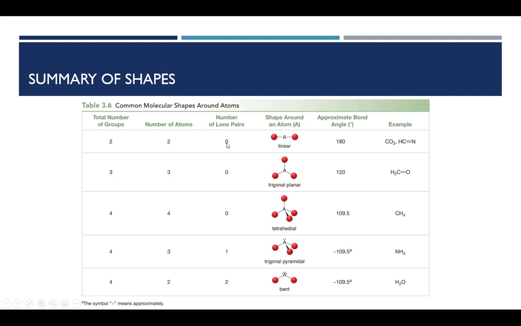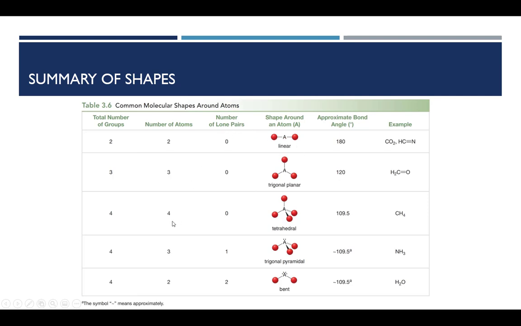And in that kind of circumstance, we get what we call a linear shape. And for linear shapes, we have a bond angle of 180 degrees. If the central atom is bonded to 3 atoms and has no lone pairs on it, that is called a trigonal planar shape. You can't call it just trigonal because the word trigonal comes up later. So those have 120 degree angles.